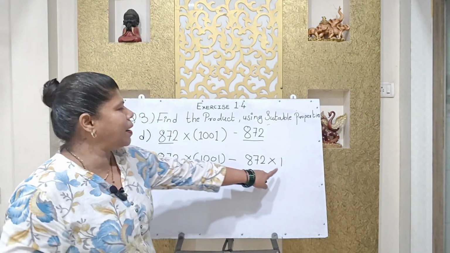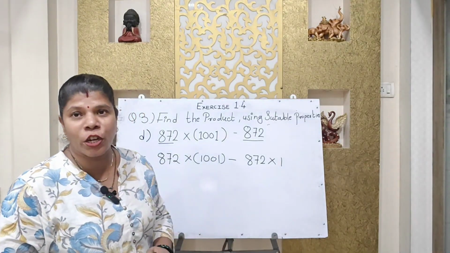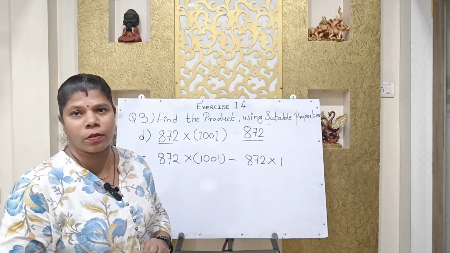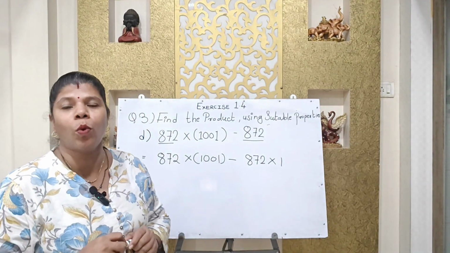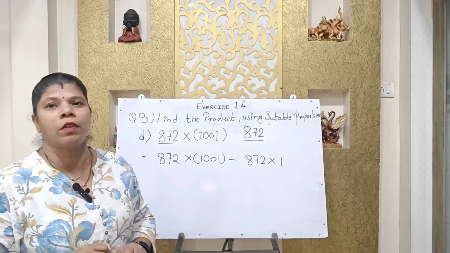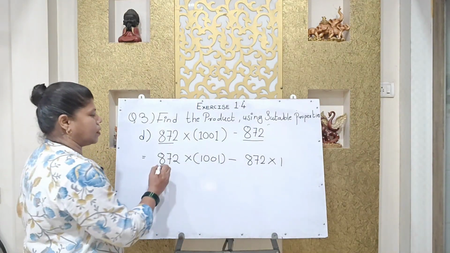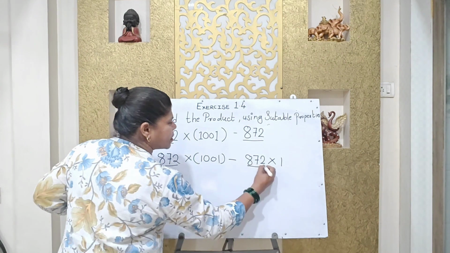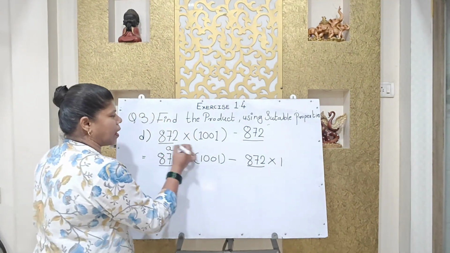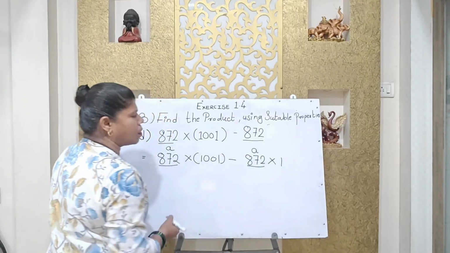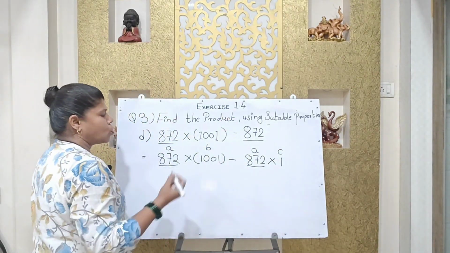Here, I have multiplied 1 with 872. It's not going to change any value of the equation. If we multiply any number by one, its value does not change. Right now see again 872, 872. This is common. If we consider this A, this will also be A. If this is B, then it will be C. So what is the formula?